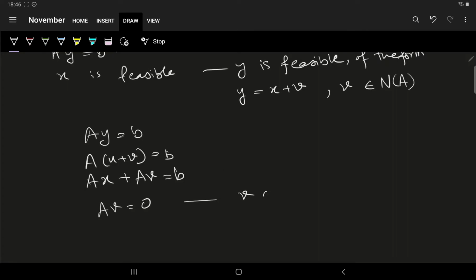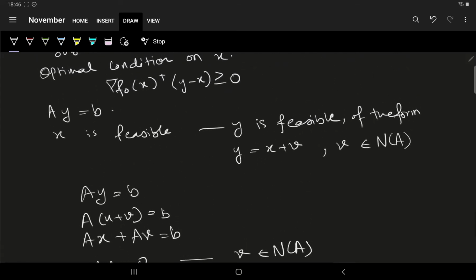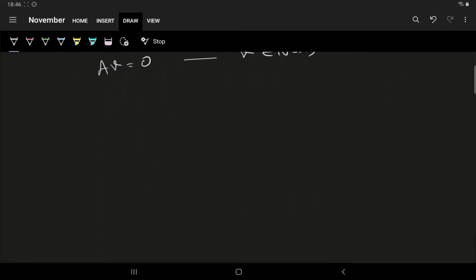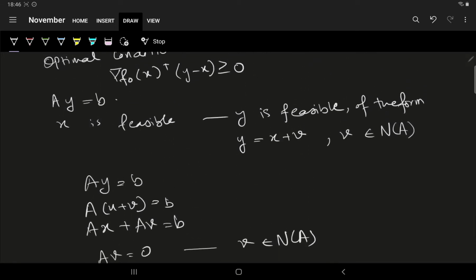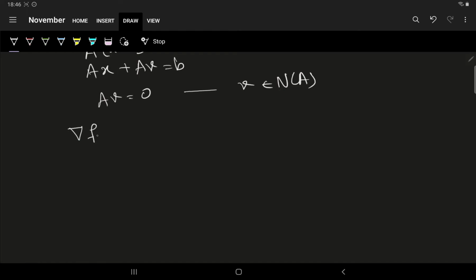That means v belongs to null of A. Okay, so we replace this value here, and we come up with del of f naught of x transpose v greater than or equal to 0 for all v belongs to null of A.